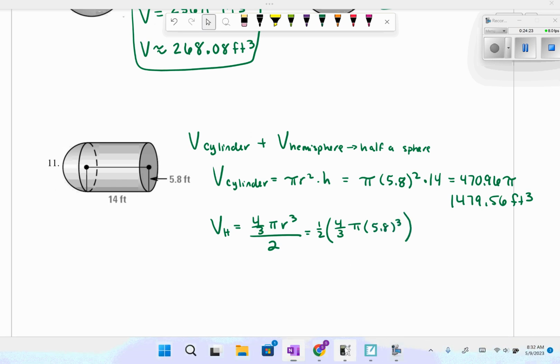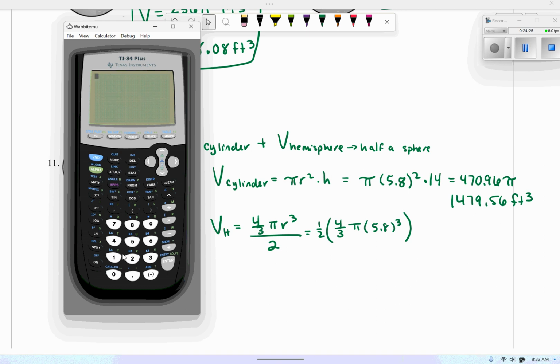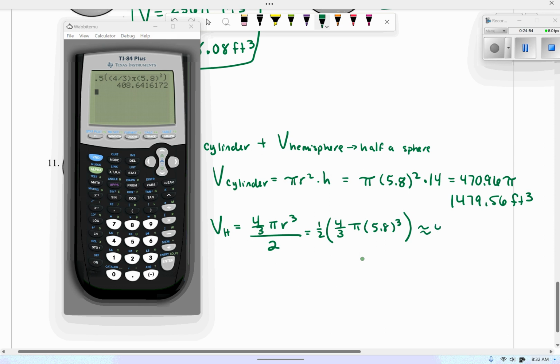So in my calculator, I'm just going to type this all in. You can do the 1/2 now or later, but just to show you. So we have 0.5 times, we use double parentheses, 4/3, put the fraction in parentheses, and then times pi, and then times 5.8 cubed. Close that parentheses. So that gives us about 408.64 cubic feet.